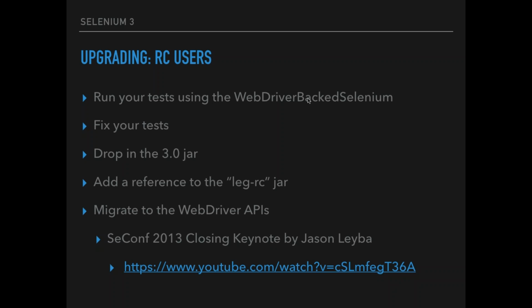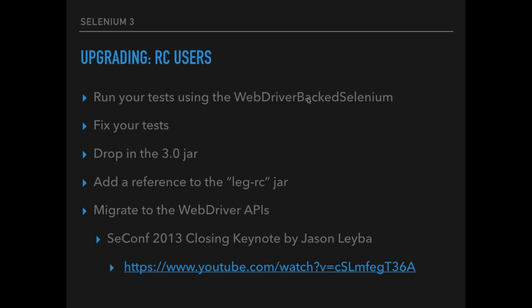With Selenium 3, we have removed Selenium Core, and at least in the Java world, we've replaced the implementation of the default Selenium with one backed by WebDriver. This WebDriver-backed Selenium has been available for years now as part of the Selenium 2.x lifecycle, so you should already be able to start testing with things like that. So what you need to do is run your tests using the WebDriver-backed Selenium.